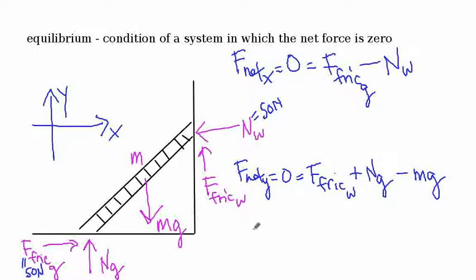So for example, let's say we knew that the weight of the ladder was 150 newtons. And let's say we knew that the friction from the wall was, I don't know, 5 newtons.